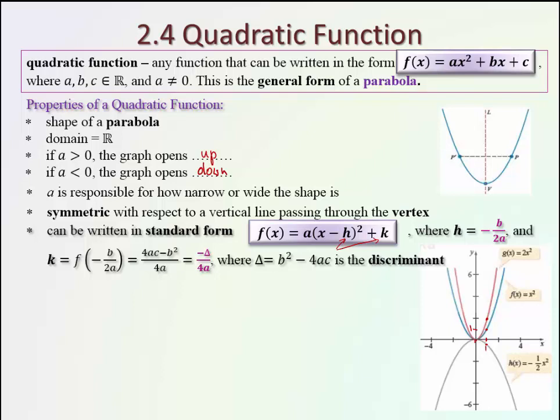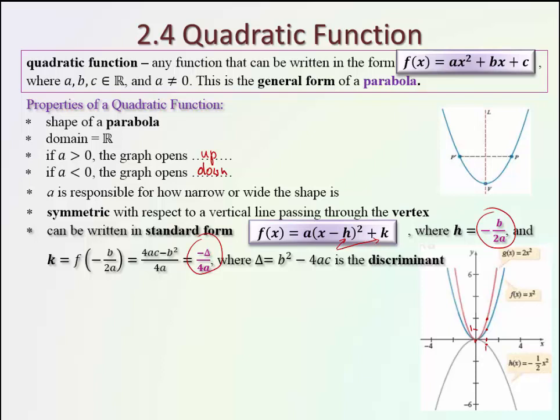If we do that, it turns out that this formula becomes negative discriminant, negative delta, where delta is b squared minus 4ac, over 4a. So either we can remember the first and the second coordinate of the vertex in this form, or we can remember the first coordinate and find the second coordinate by evaluating the function at the first coordinate.